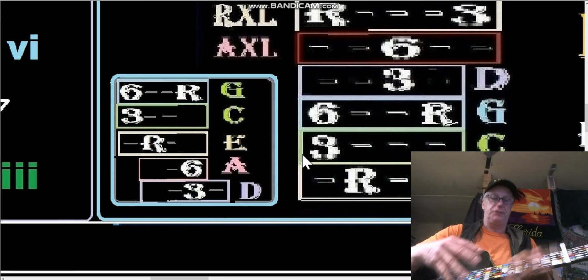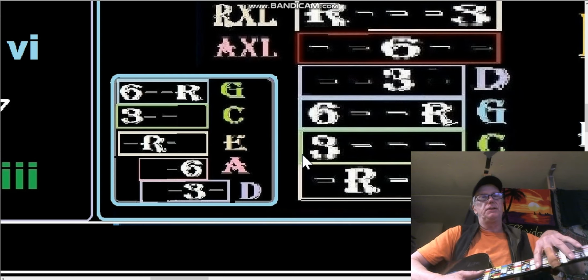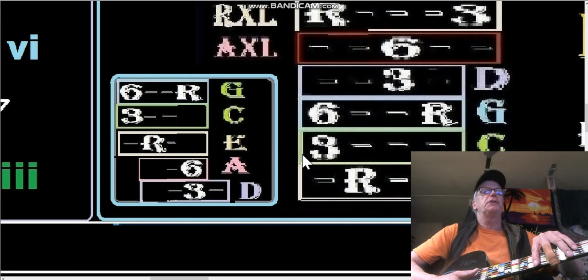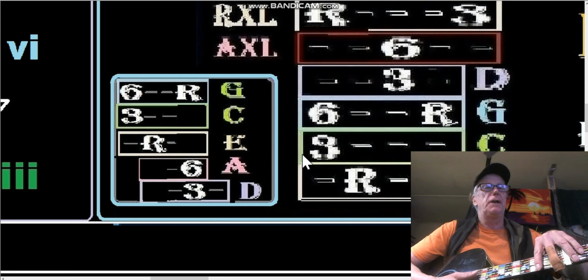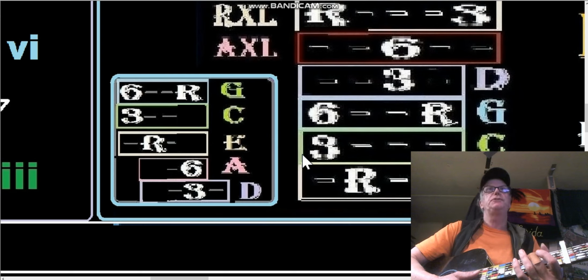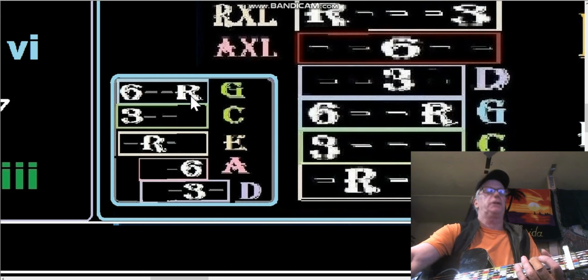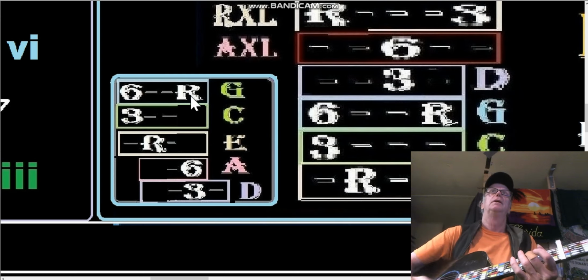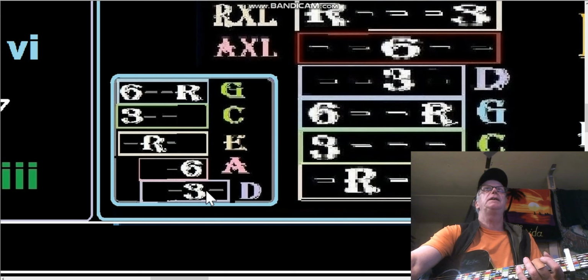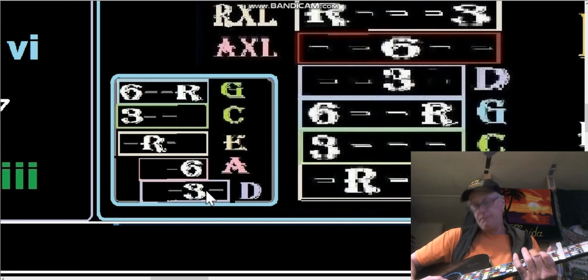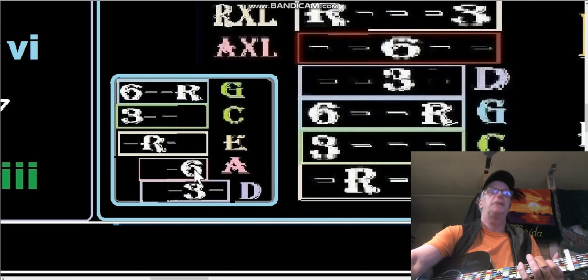Okay, now we're going to substitute that thing and pretend that it's over here, and then we're going to just play, instead of root 2 3 5 6, we're going to play root 3 6 and not play the 2 and the 5. So starting from the G string here, we'd go 6 root, now back to D, okay, because we're going in the string shaped 5th circle, short pattern, just the 3rd, you know, right here, and here's the 6.